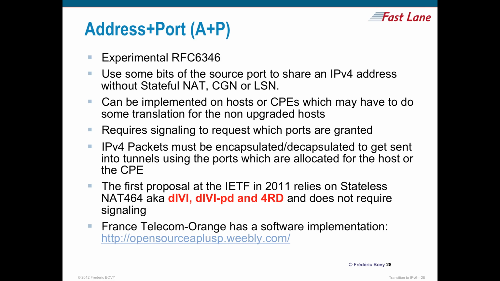And if it is automatic, it is as convenient as stateful NATs because it does not require any manual provisioning from anyone. In the first proposal, there is no signaling ready, so the first proposal is only manual static provisioning.